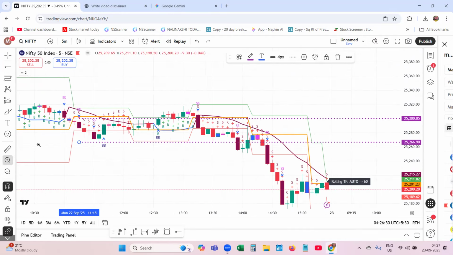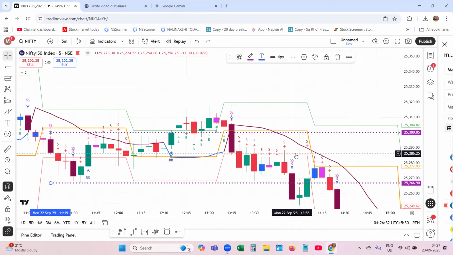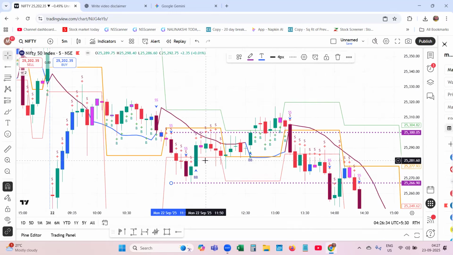Here you can see, the indicator did not show, it was only a scalping opportunity. Third hourly around 12 p.m. This is the timestamp 12:15.